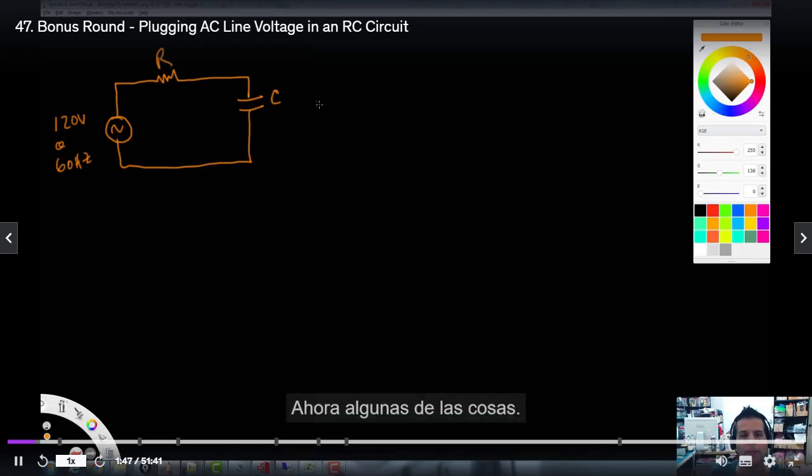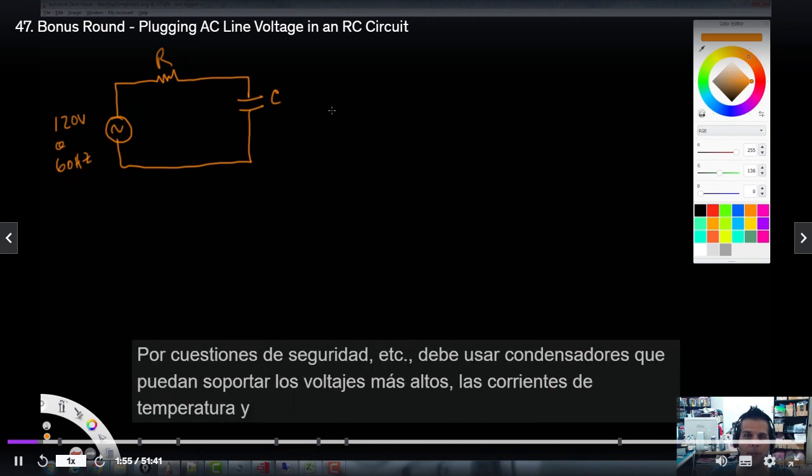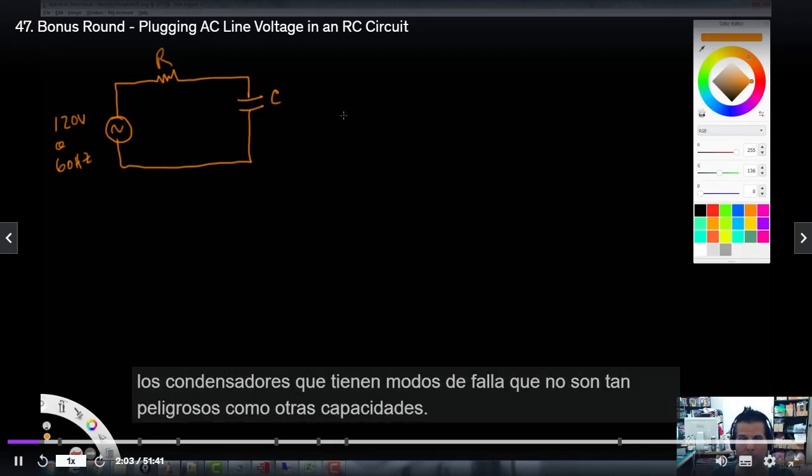Now, when you start plugging things into AC lines, you really do have to read a lot about safety issues and so forth. You have to use capacitors that can withstand the higher voltages, the currents, the temperature, and capacitors that have failure modes that aren't as dangerous as other capacitors.